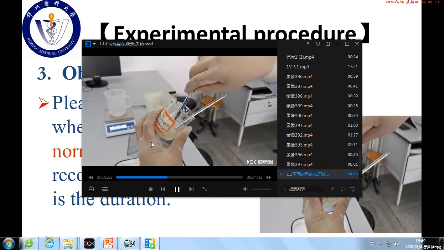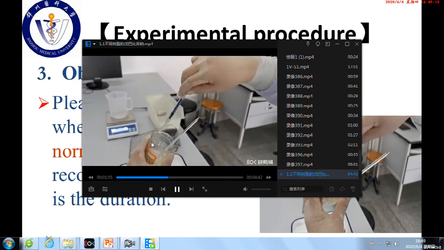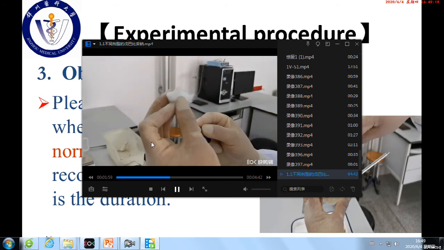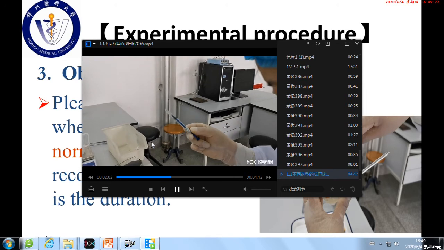During your experiment, it is not necessary to follow aseptic operation.